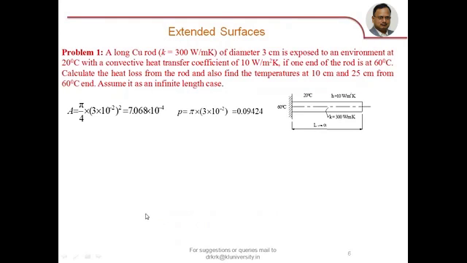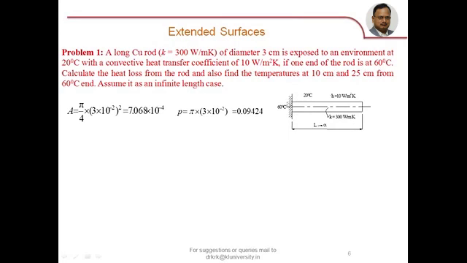And now we will proceed to the problems on extended surfaces. A long copper rod having thermal conductivity 300 watt per meter Kelvin, of diameter 3 centimeters, is exposed to an environment at 20 degrees centigrade with a convective heat transfer coefficient of 10 watt per meter square Kelvin.